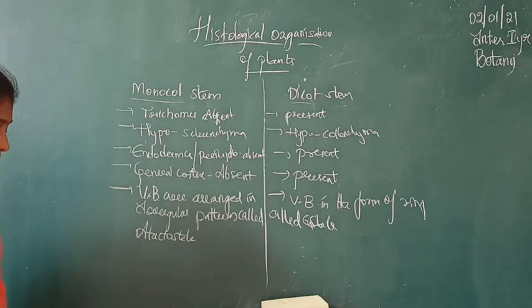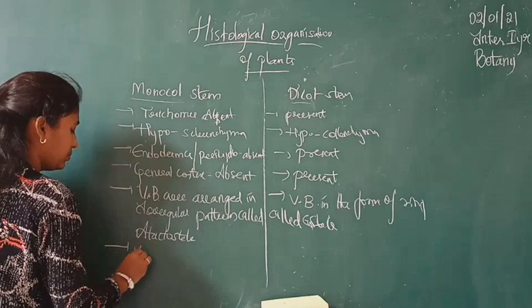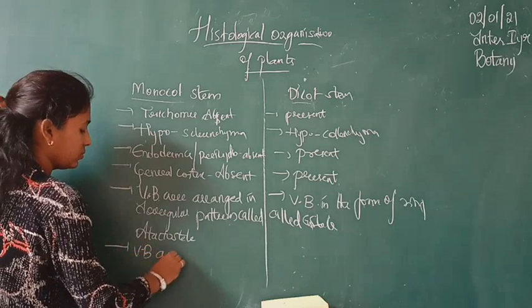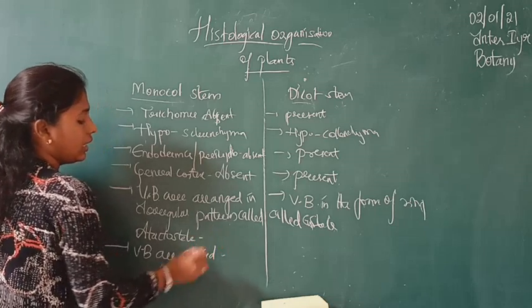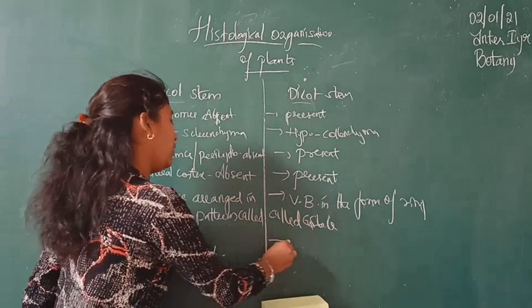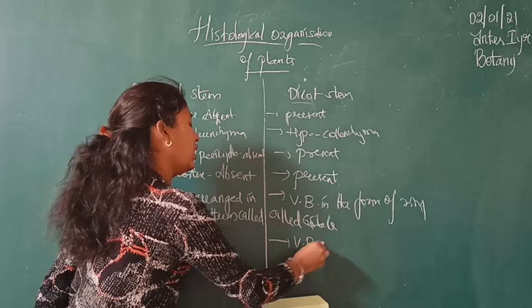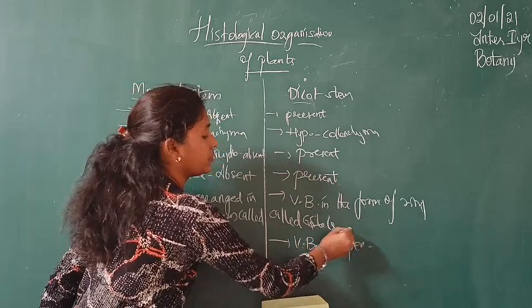And next, vascular bundles here are closed. Vascular bundles are closed means cambium is absent here. Here vascular bundles are open, which means cambium is present.